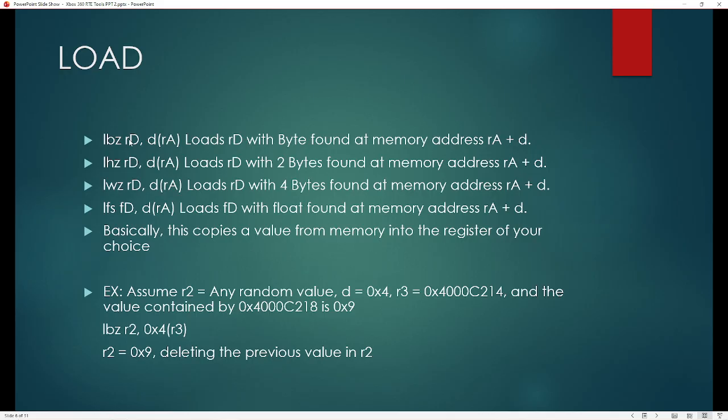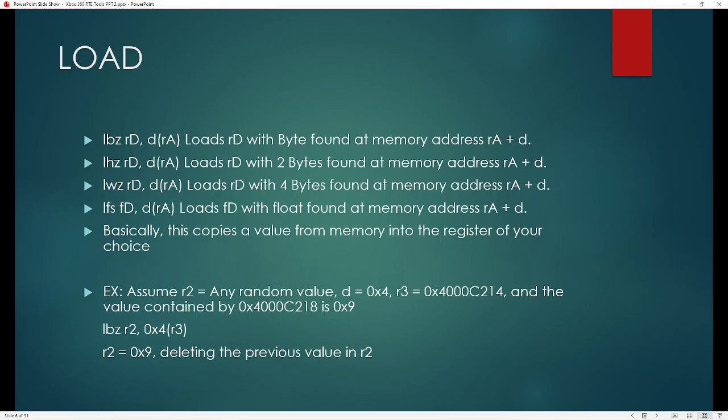So basically, this copies a value from memory into the register of your choice. Once again, same formatting: load byte, load half word, load floating single. If you're wondering what the Z is, it's zero, so load byte zero. It just sets whatever this value was to 0 before it pops the value of your choice in.